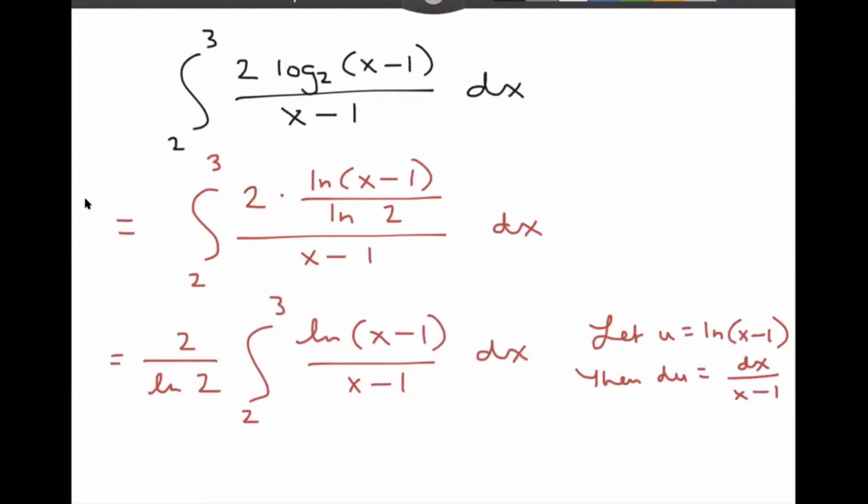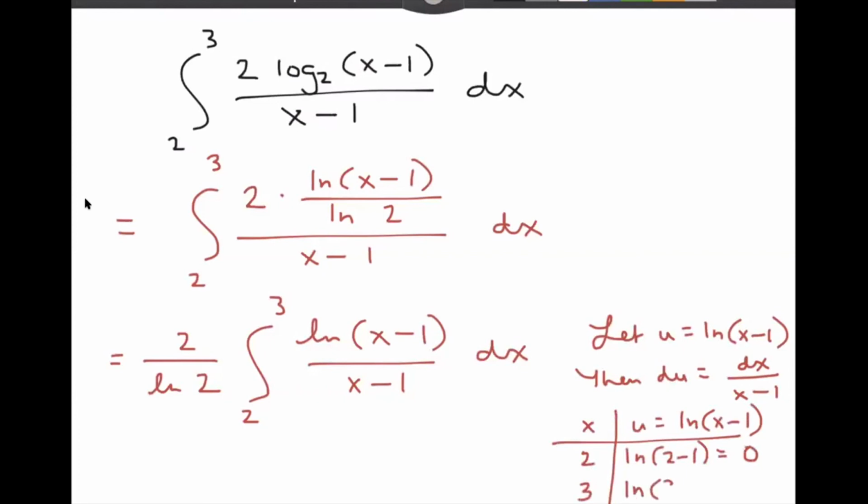And then what will the new limits of integration be? Okay, this time the old one was x. X was going from 2 to 3. U is natural log of x minus 1. So the new lower limit will be natural log of 2 minus 1, which is natural log 1, which is 0.